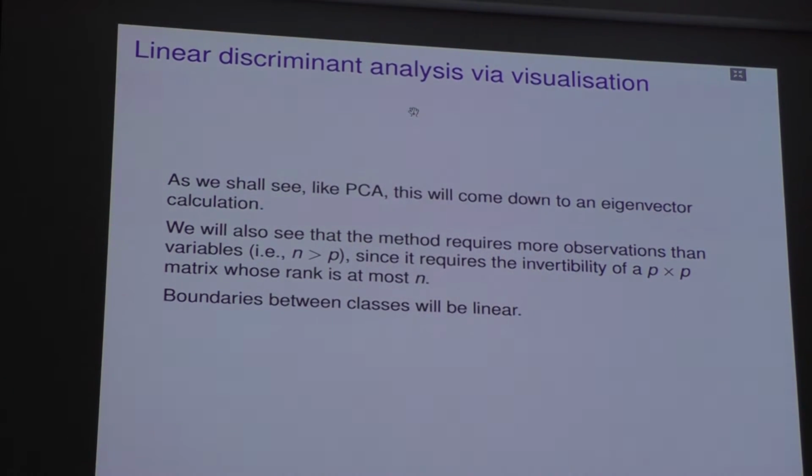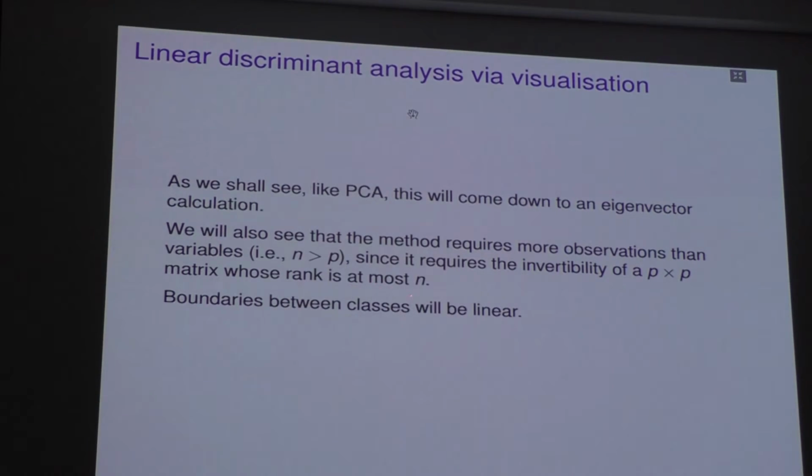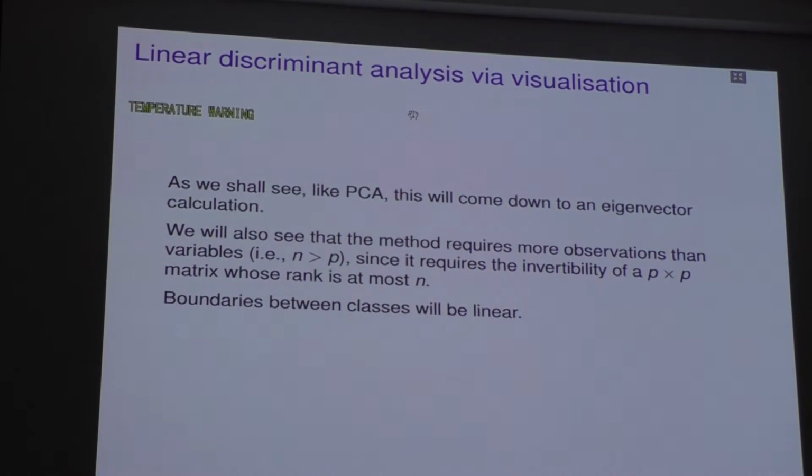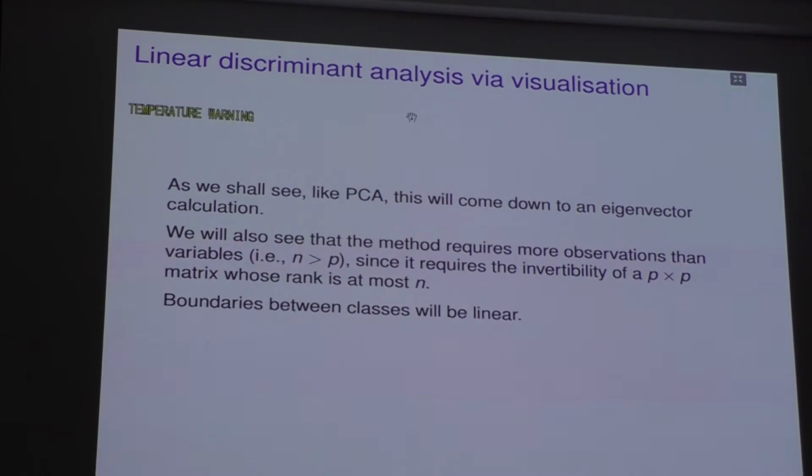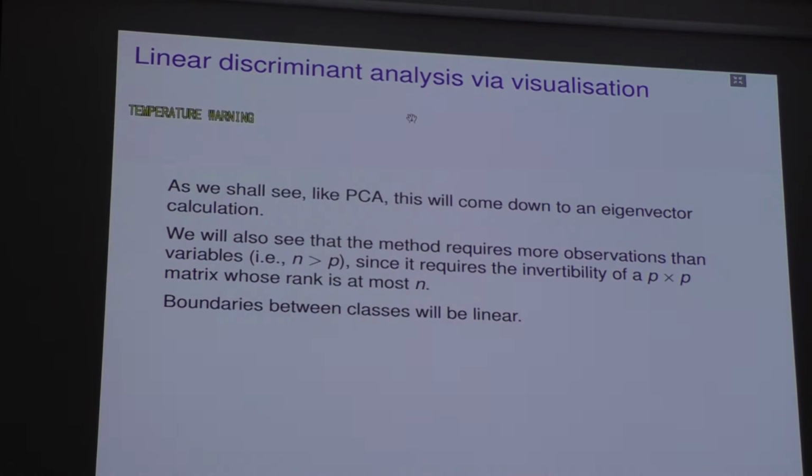And so, in particular, W must be invertible. It's a p by p matrix, and it turns out that if you've got n observations, it's only ever invertible if n is actually bigger than p. So it doesn't work if you've got more variables than observations.